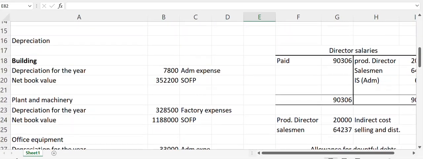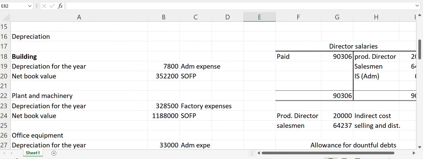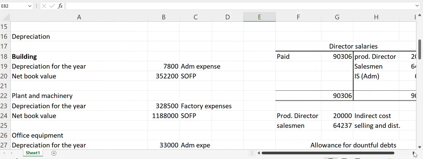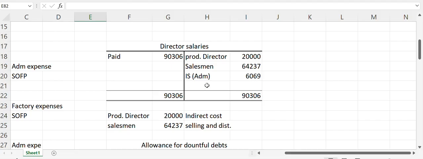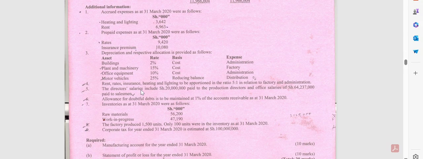So for directors account, here it is. Need to be very careful here not to get it wrong. It says the director salaries include 20,000 paid to production director. That one we took to manufacturing, the 20,000 for directors. Then office salaries of 64,000 paid to salesmen.